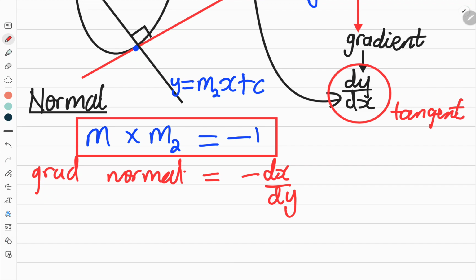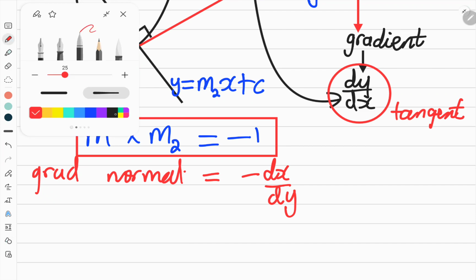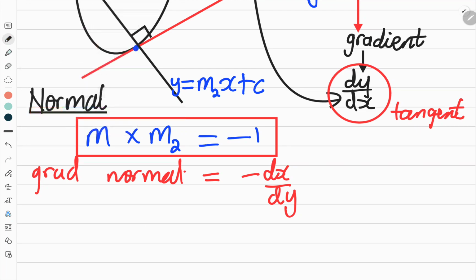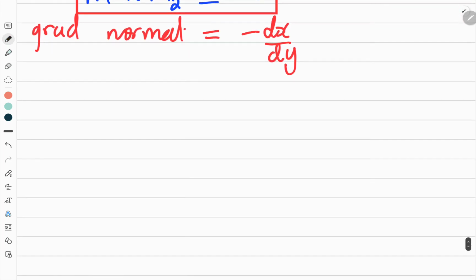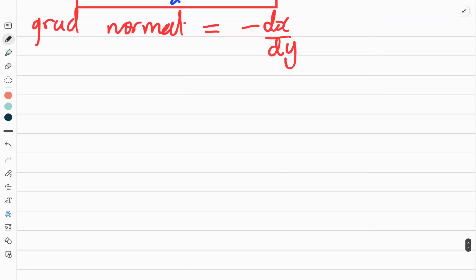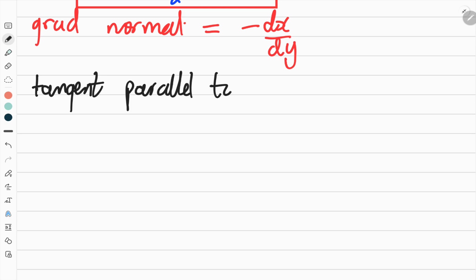Then, of course, there's a little bit of something that we have to discuss before we jump into some serious questions. Right, we have to talk about tangents or normals. Let's talk about tangent first, being parallel to the x-axis. So if a tangent is said to be parallel to the x-axis, what does that imply?